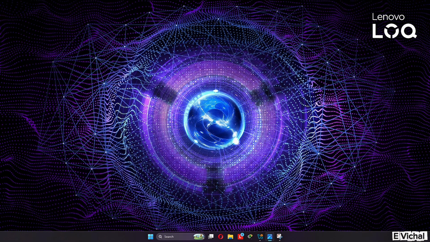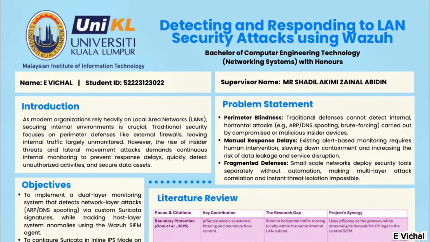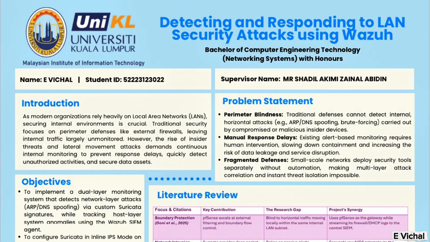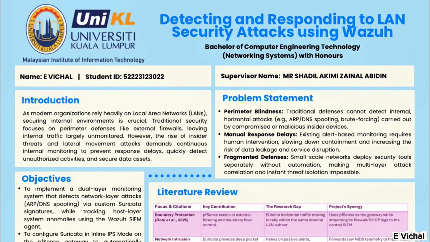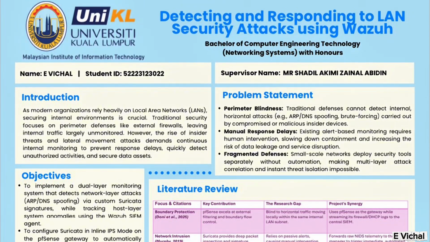Today I would like to present my final year project, which is detecting and responding to LAN security attack using Wazuh. Before I jump into the live attack demonstration, I want to explain my project environment and the tools I use.